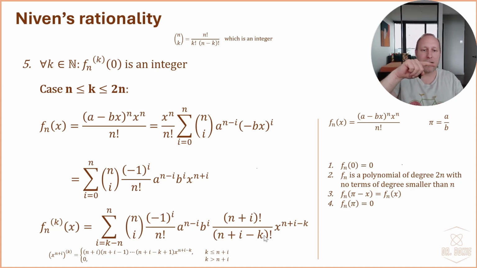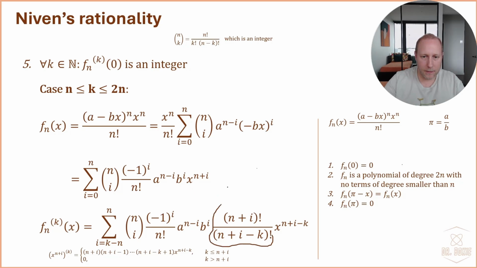So the first time you brought it to the front, you got an n plus i in front of it. The next time you got n plus i minus 1, n plus i minus 2, etc. And the last time, the kth time you took a derivative, what came to the front is n plus i minus k plus 1.